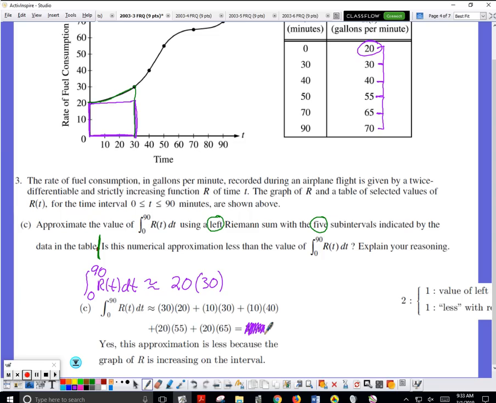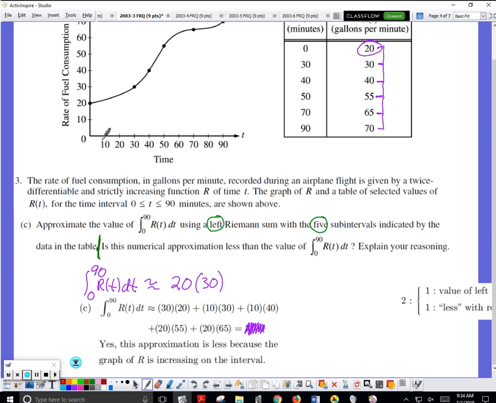Double for Maya. Is this numerical approximation less than the value of this integral? Explain your reasoning. Okay, I do a picture because I struggle to remember otherwise. So I think, okay, I'm doing a left Riemann sum. So here's the first subinterval.